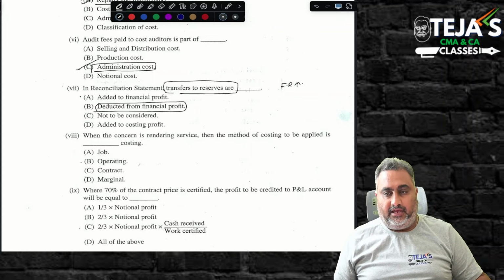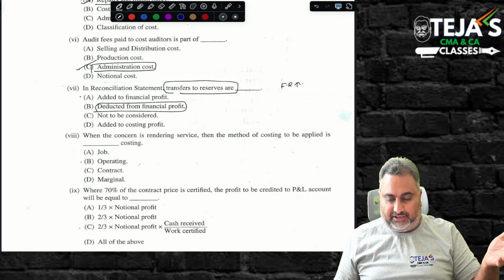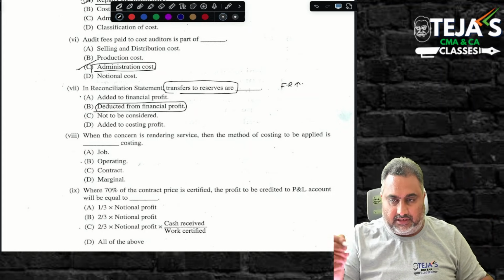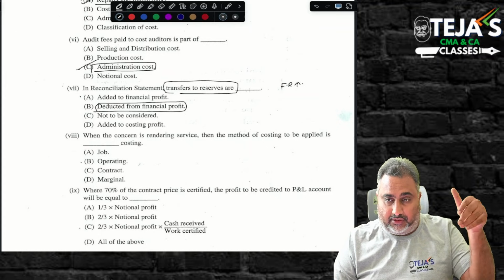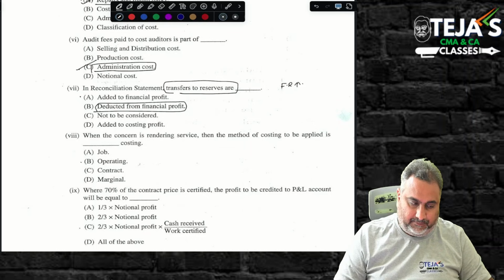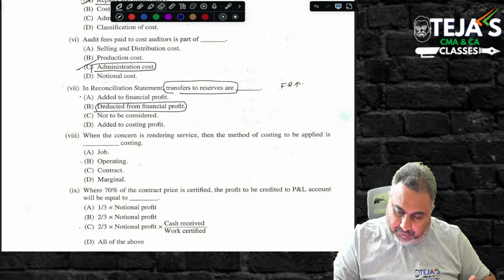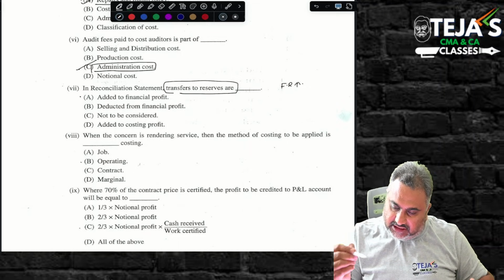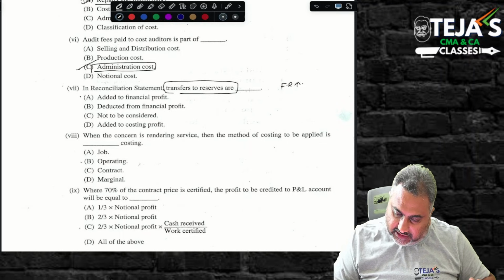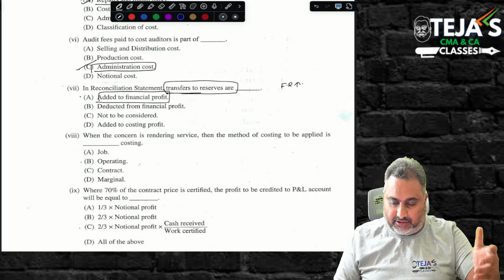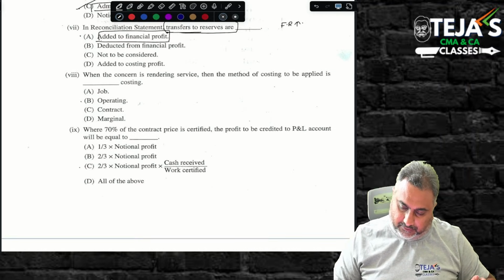If you are starting with costing profit, the transfer to reserves is shown only in financial profits, so it leads to being added to the financial profit, because you have decreased your financial profit, and that's the reason you are supposed to add it.